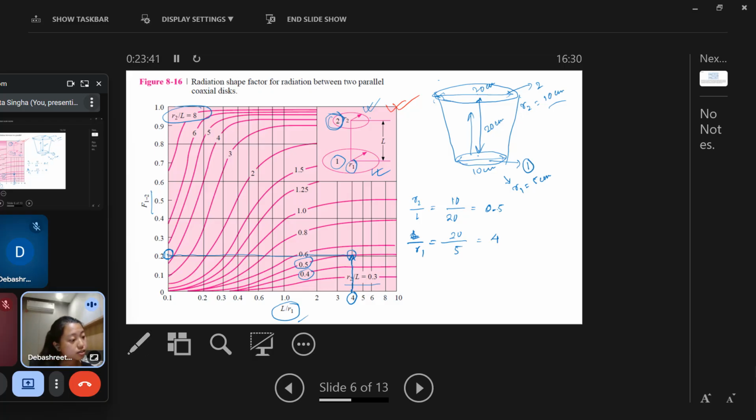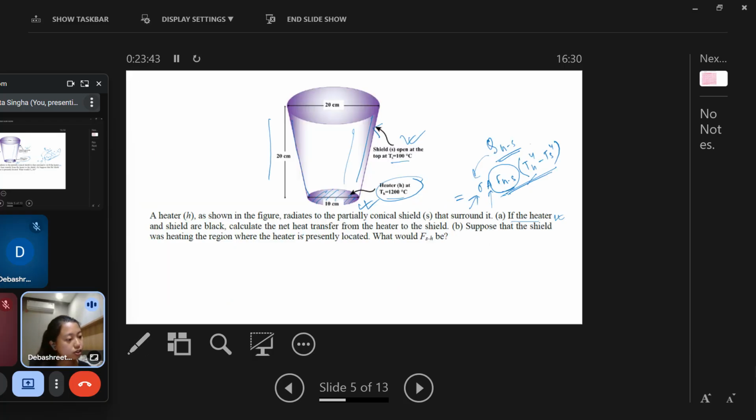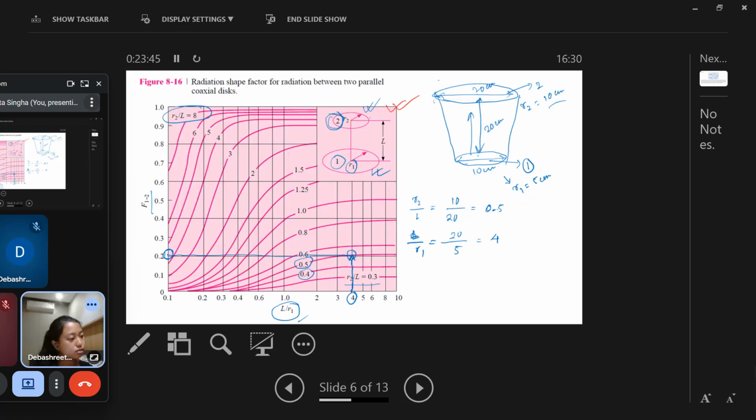Now if I consider in the figure in our question, surface 1 is the heater, that means it is H, and this curved surface part is the shield S. But for the top surface they have not given anything.